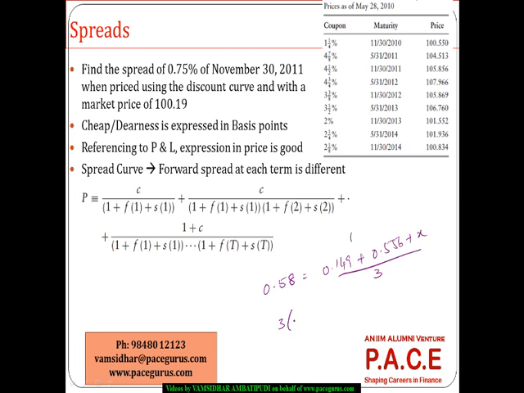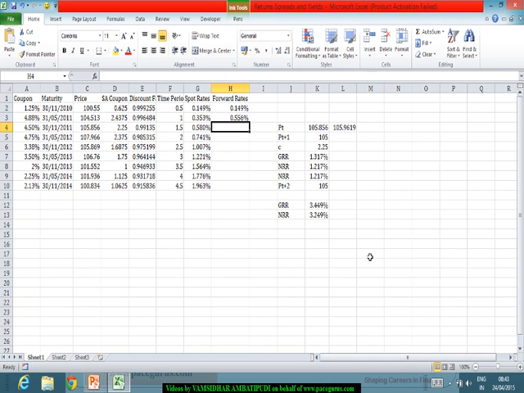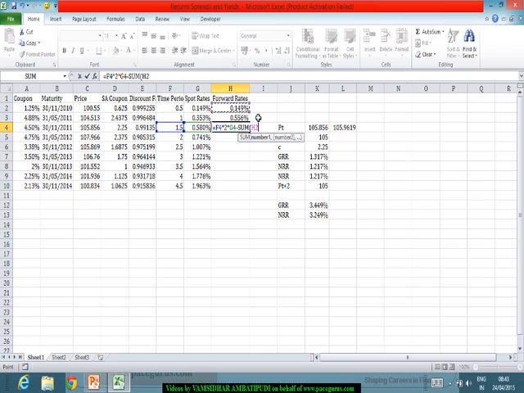So this becomes 3 times 0.58 minus the summation of all the above ones. The summation of all the above ones is what is going to solve the purpose for us.